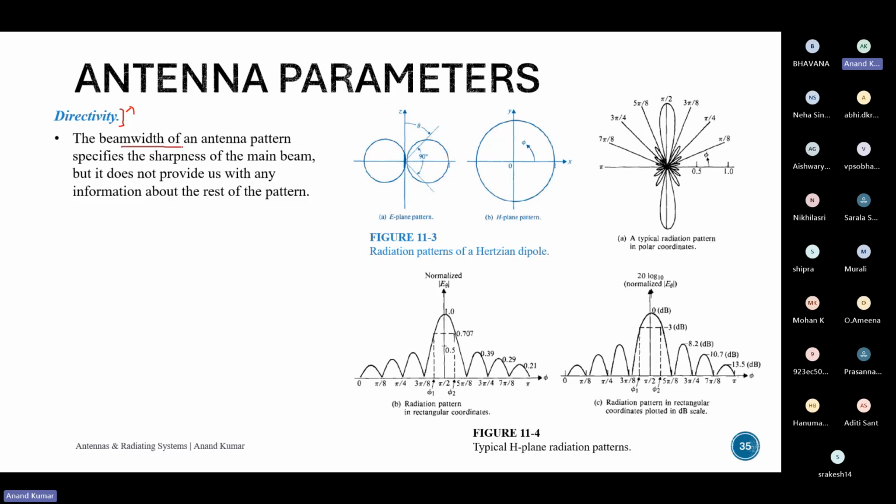The beam width of an antenna pattern specifies the sharpness of the main beam. We have seen how this one is more isotropic, this one is more direct, more sharp, and we can also say this is more directive, but we need to quantify how directive.